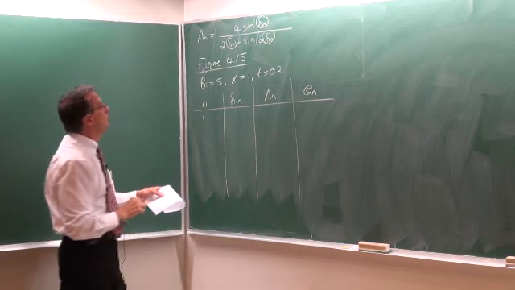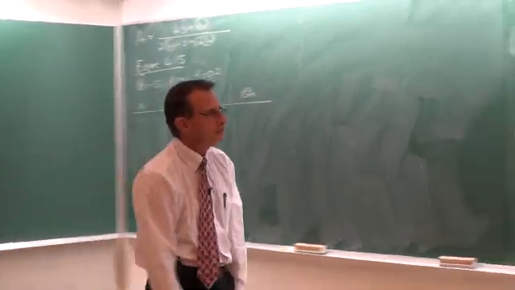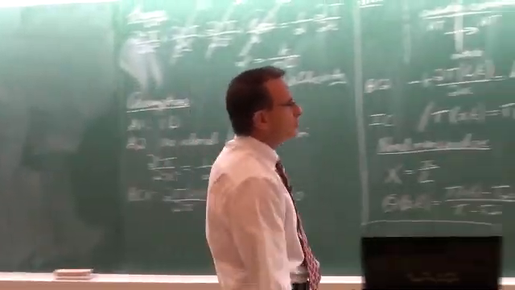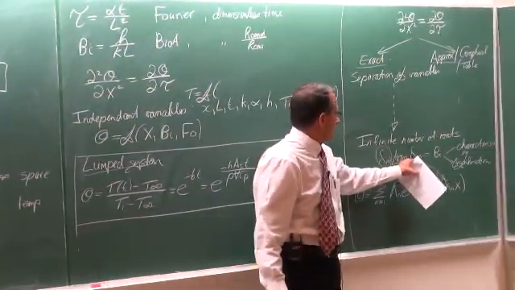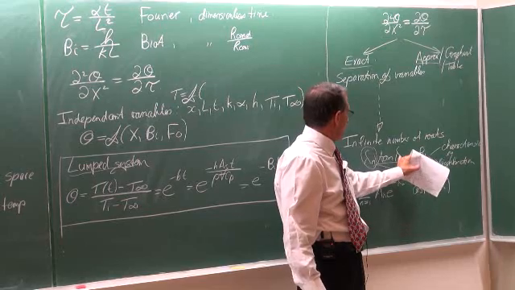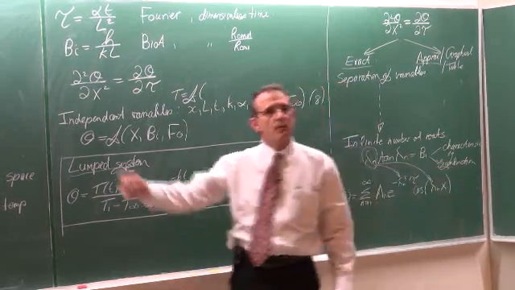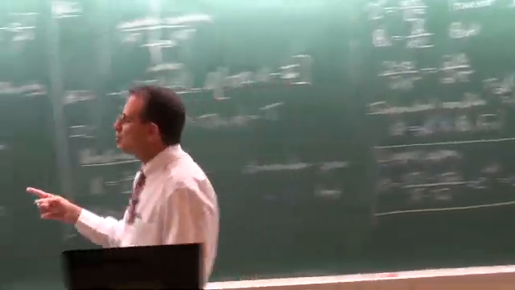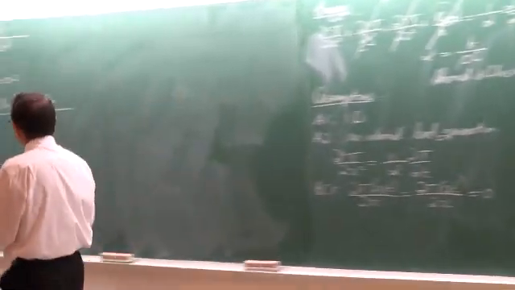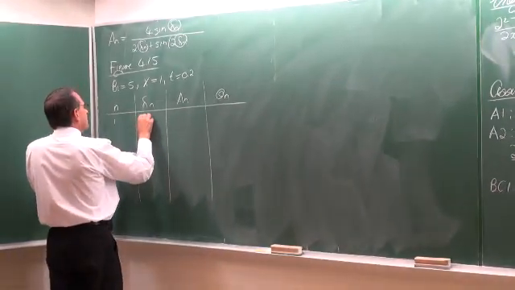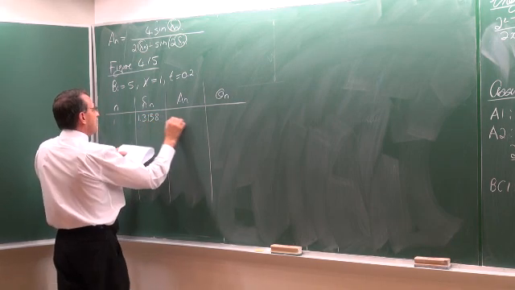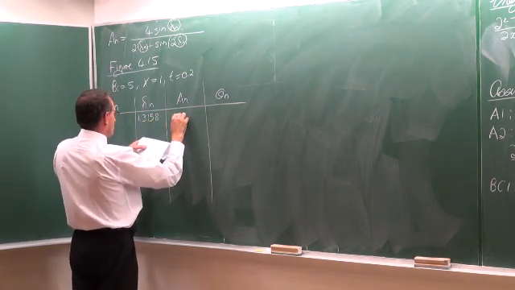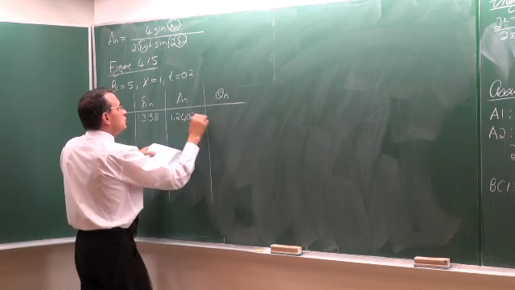If n is equal to 1, then it's lambda tan lambda is equal to the Biot number, which is 5. We need to get the solution of that, and the result would be that lambda is equal to 1.3138 and A n is equal to 1.2402.